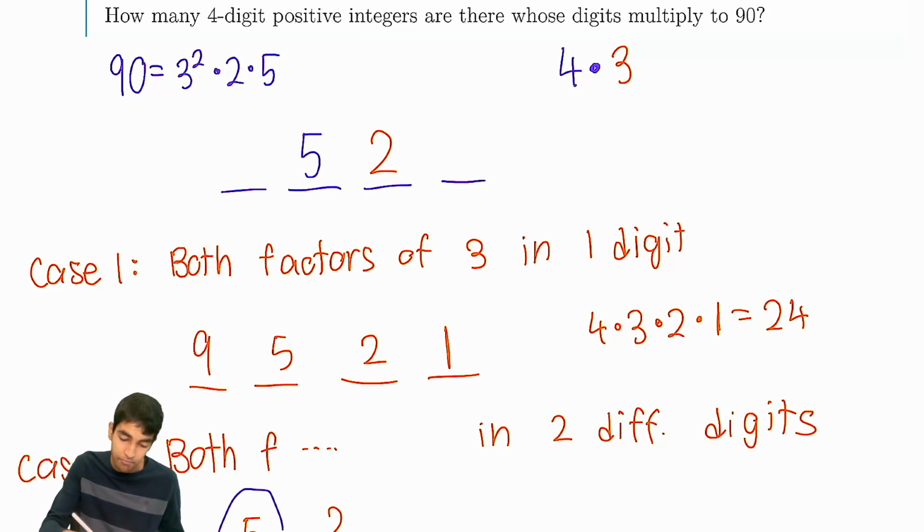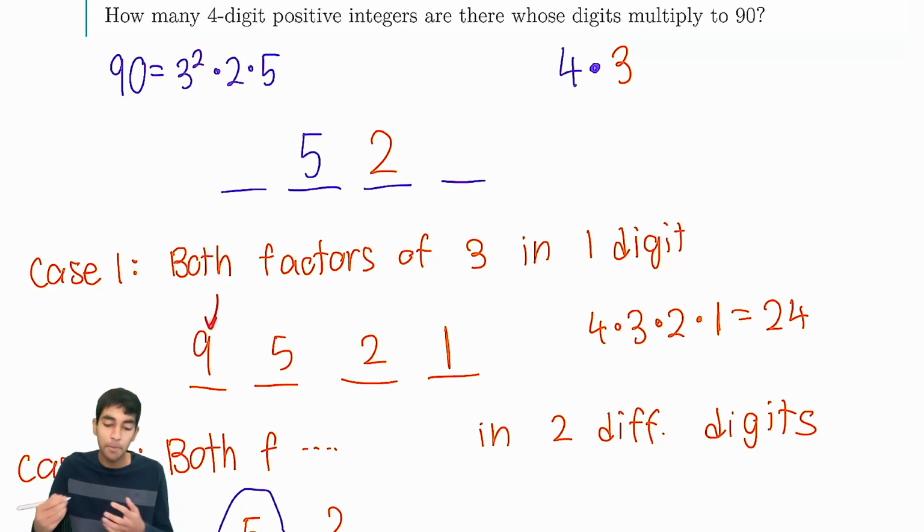We cannot add any additional factors here. Now, where do we add these factors of 3? Well, we can add a factor of 3 to this 2, because that will still be 6. But we can't add both factors of 3 to the 2, because that would make it 18, right? So we can only add both factors of 3 to one of these 2 digits. But we can add one factor of 3 to the 2.